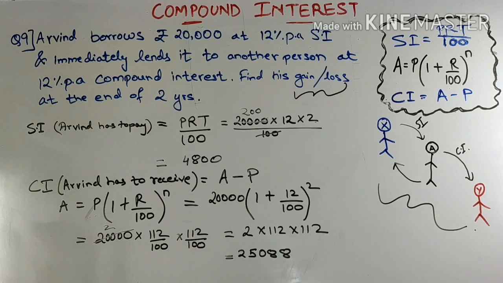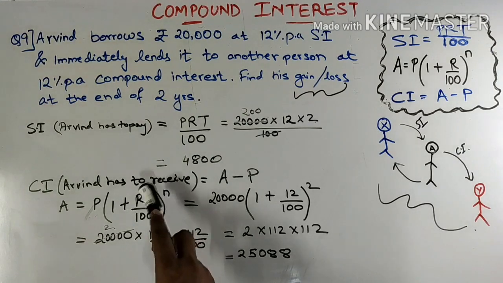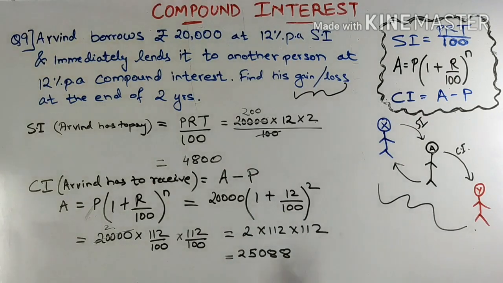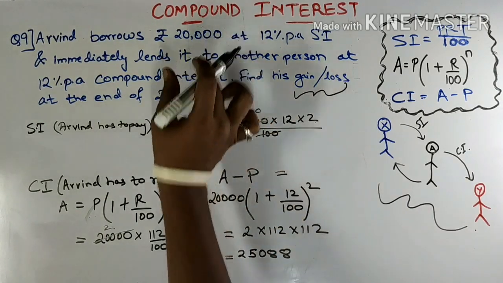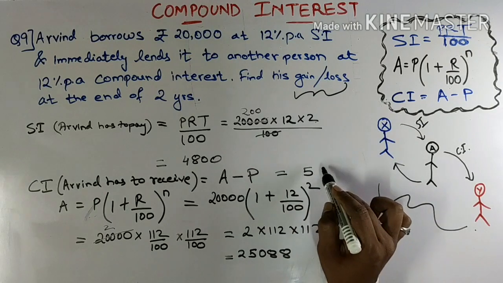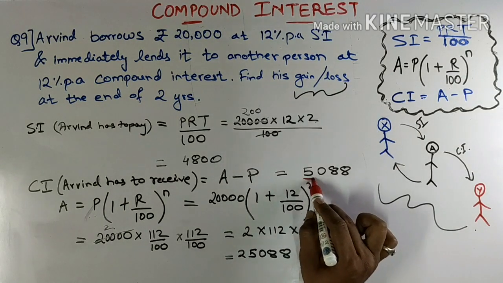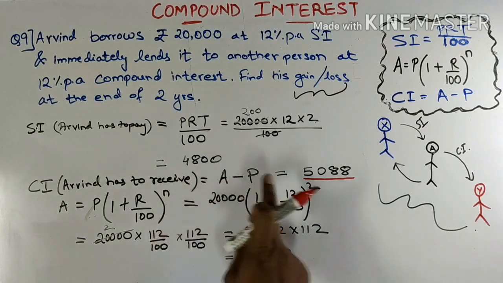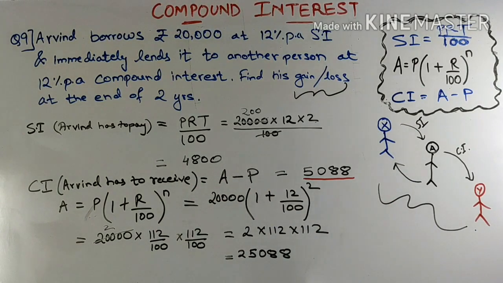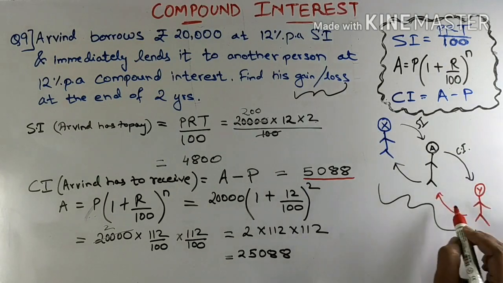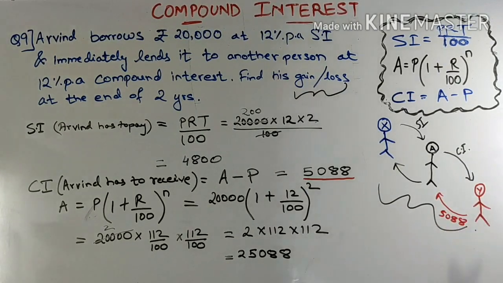Now we are still yet to find the compound interest, which is nothing but 25,088 minus 20,000. So it is 5,088 rupees. So you may see that the compound interest earned or received by Arvind is 5,088.